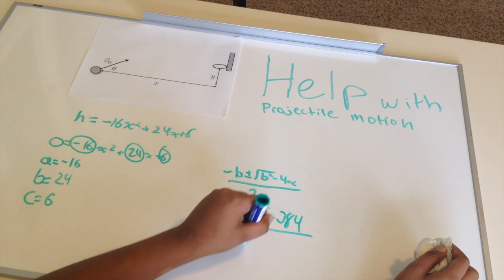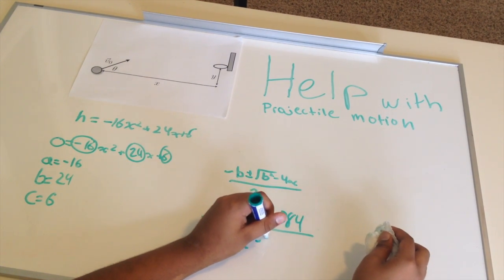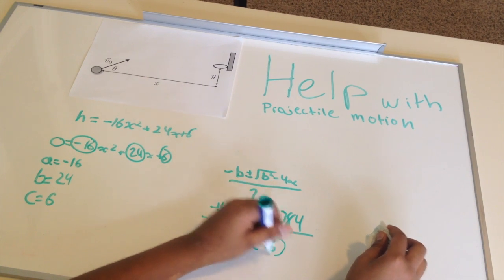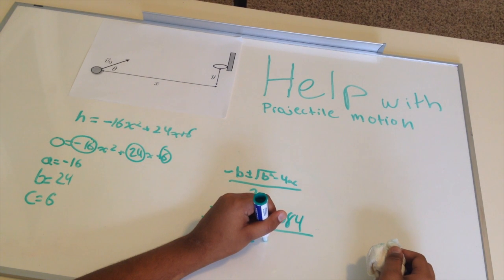This is all over 2 times a, which is negative 16. So I solve that, and that's going to be negative 32.